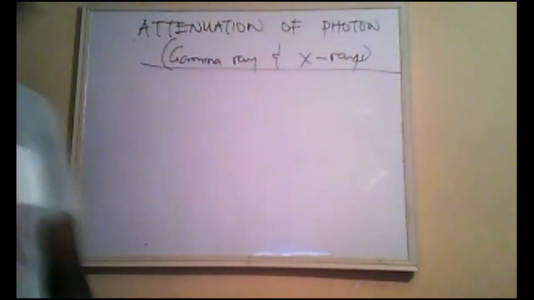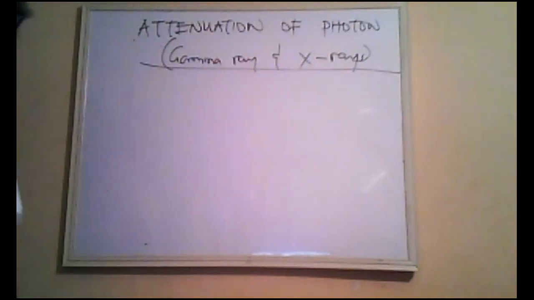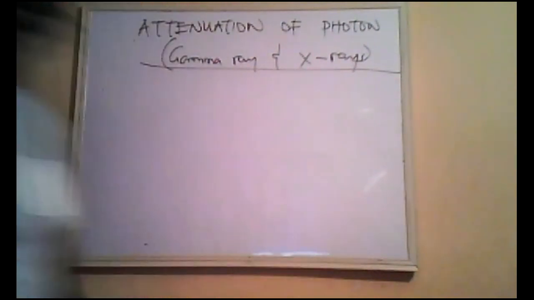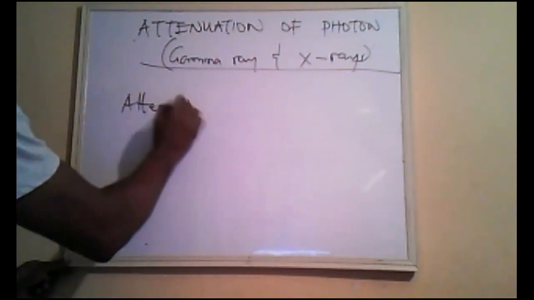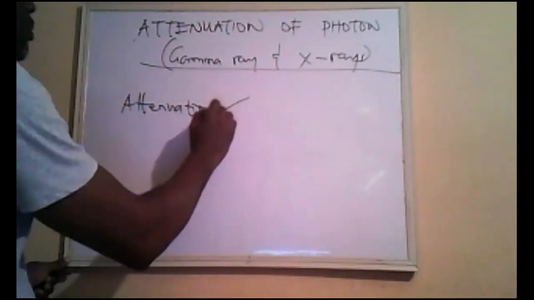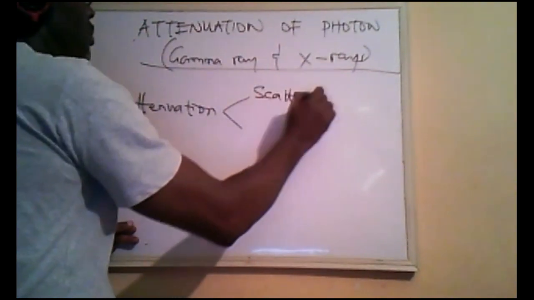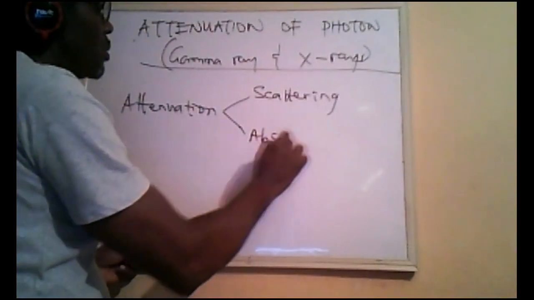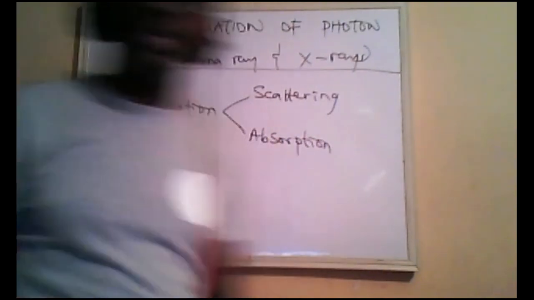When a photon traverses matter, of course, it loses energy. The energy loss is a result of the interaction of the photon with matter. They lose energy by scattering and absorption.